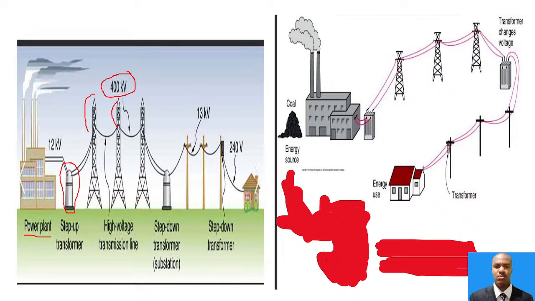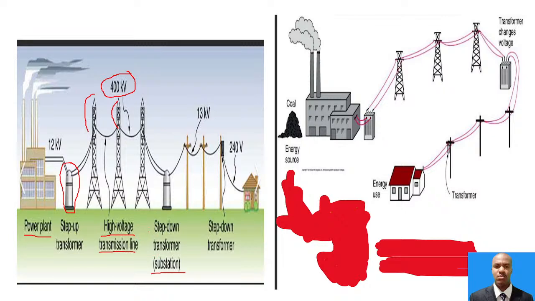This is also another transmission tower, and from this tower to this tower we have a connecting cable, and we are saying that it is a high voltage transmission line. Then we have a step down transformer here, and in most cases it is referred to as a substation. In a transmission line you may have several substations depending on the customer's choice.